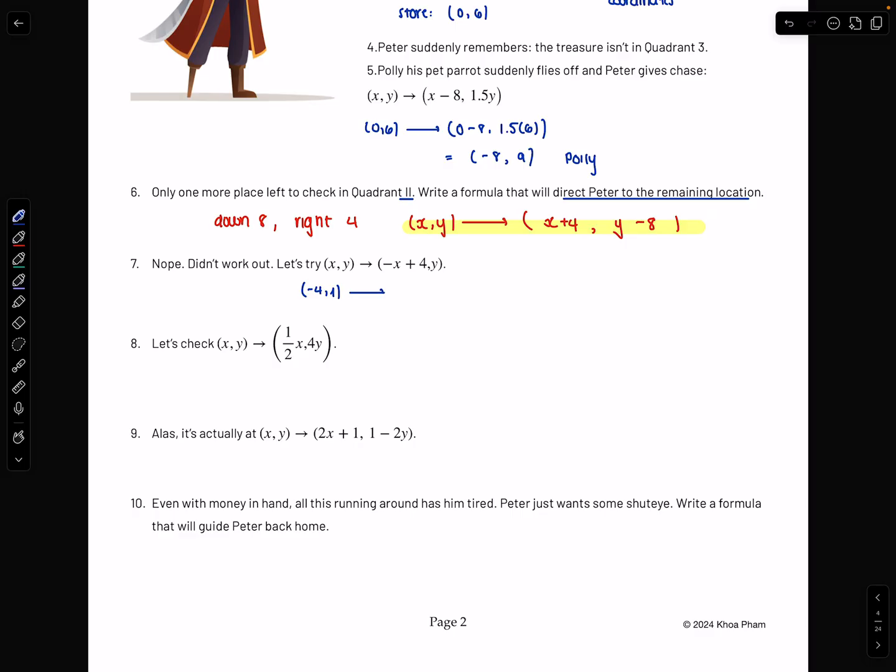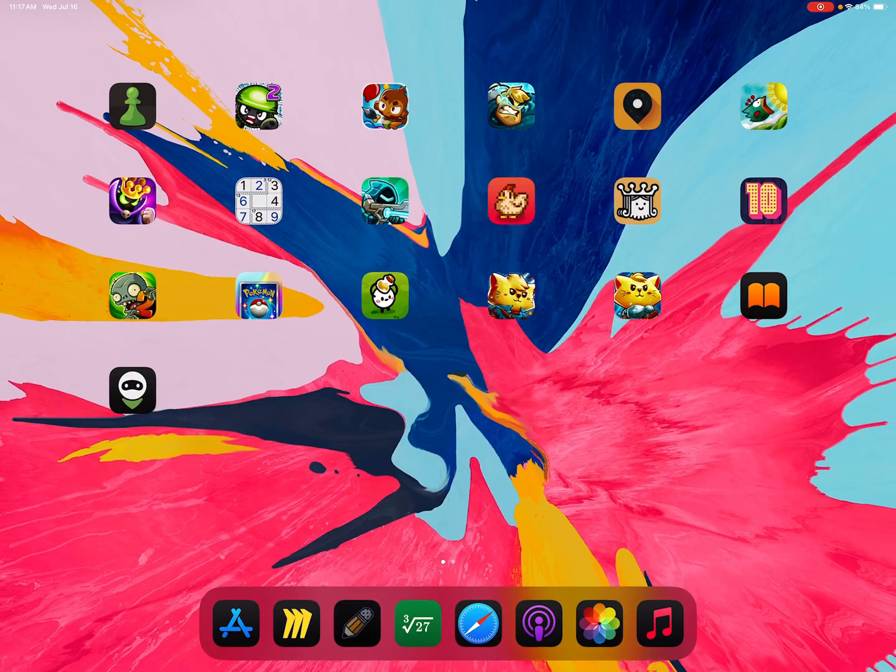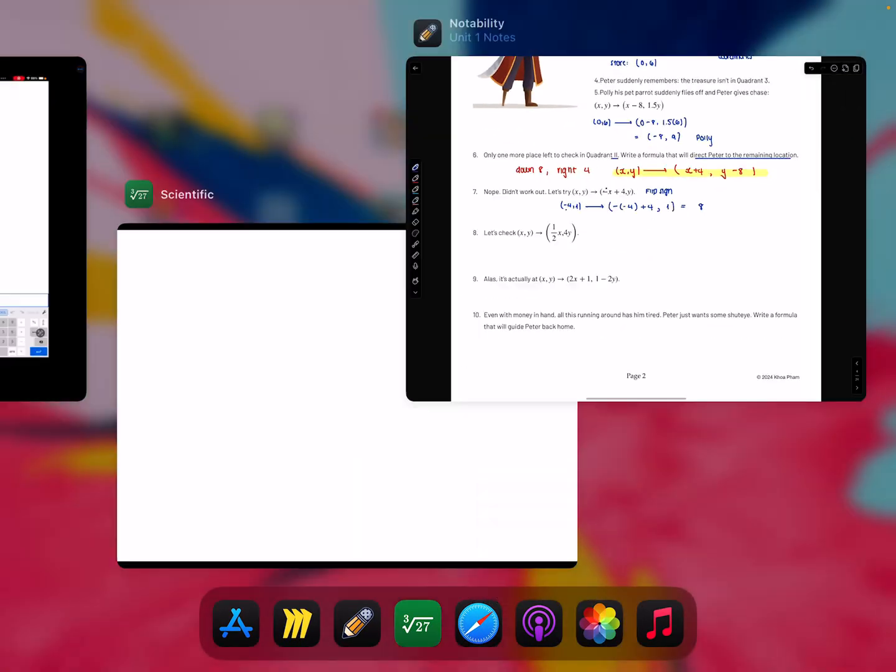And we're going to do this transformation right here. This is negative 4 plus 4 comma y. So negative x, right? X is already negative 4, so negative x is the positive version, aka we're going to have to flip a sign. And so this is going to be 8.